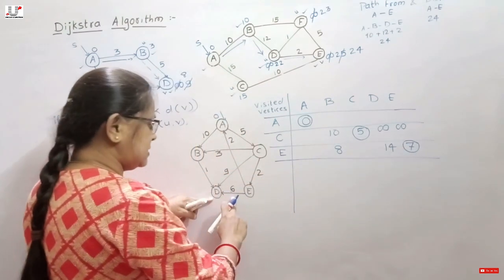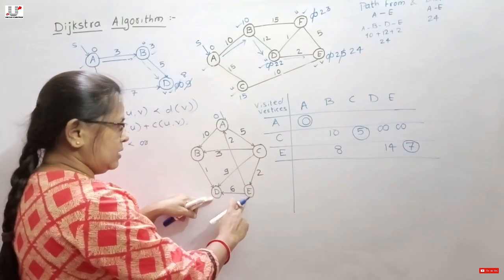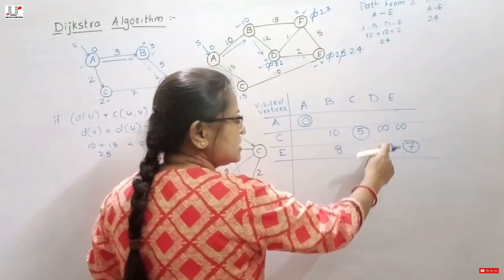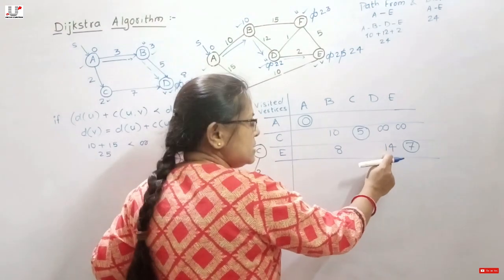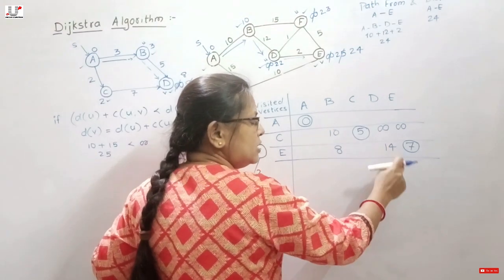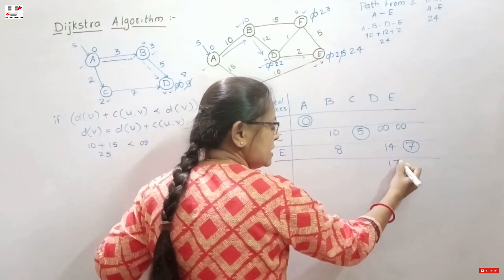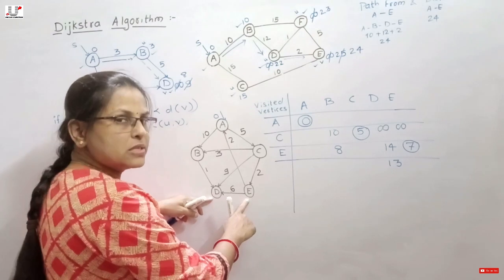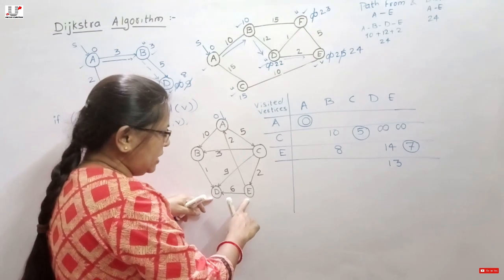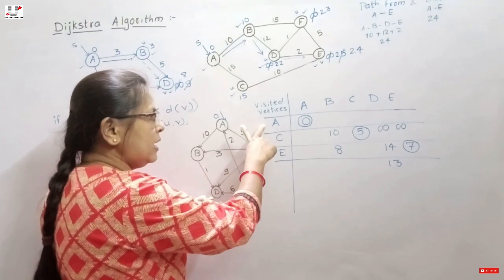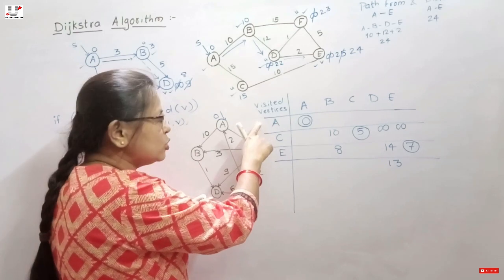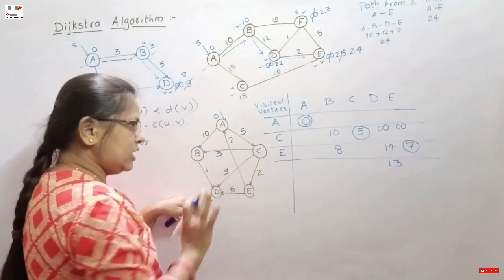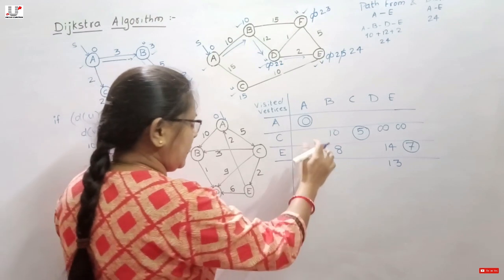So 7 plus 6, 13. And the previous distance is 14. 13 is smaller than 14. So replace it with 13. Then the next adjacent to E is A, but A has already been visited, so don't visit it again. So leave it.